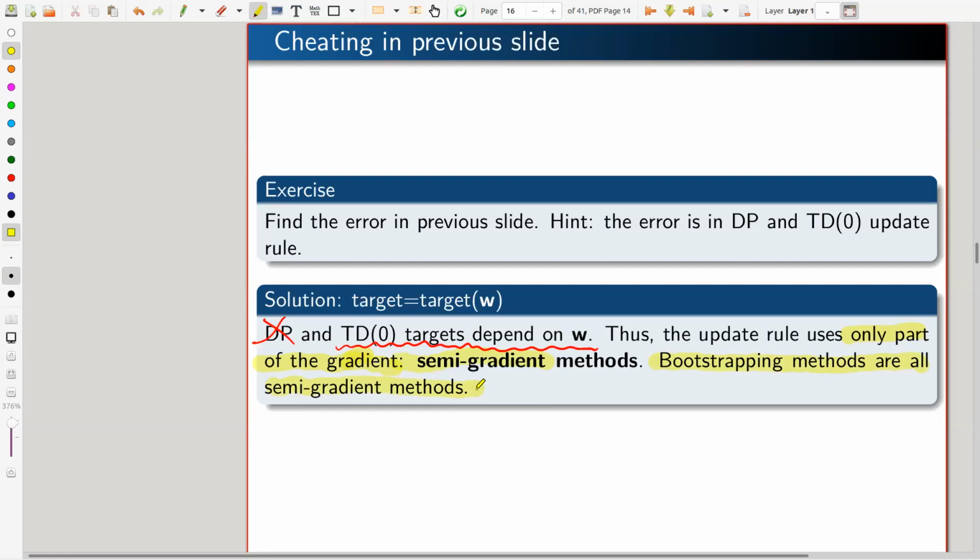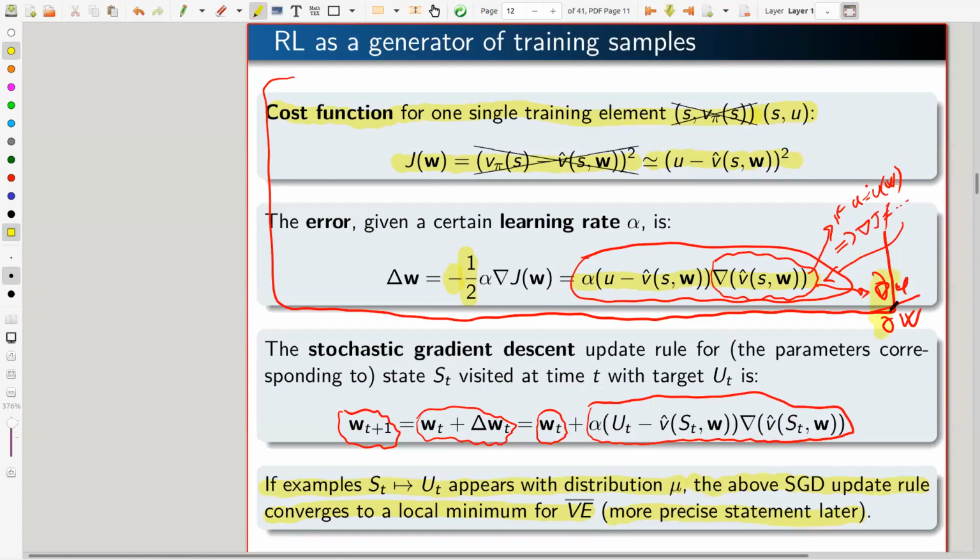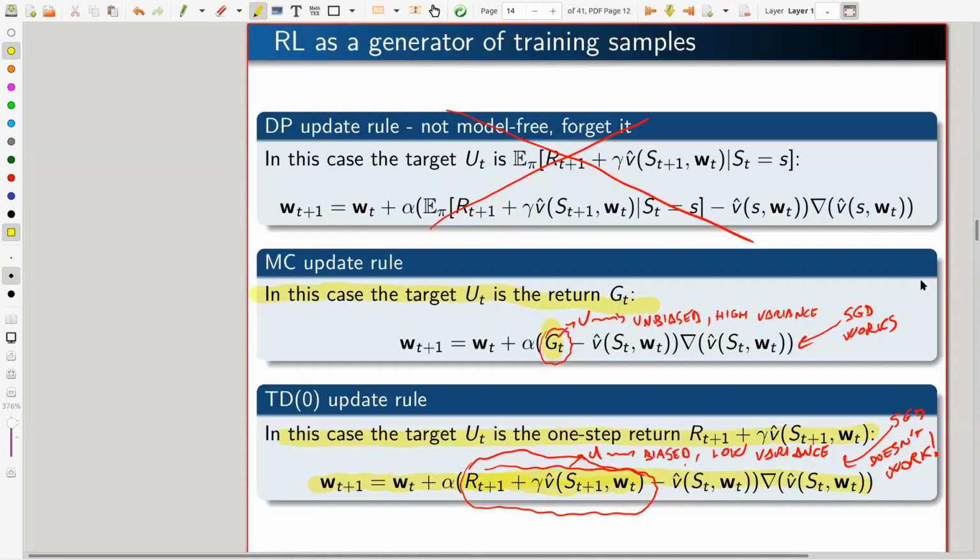Now just as a curiosity, one could complete the gradient, right? One could try to build an algorithm out of the full gradient, inserting in the update rule here also this part, and consequently putting some more here. If you do this, you obtain an algorithm called the residual Bellman gradient method.